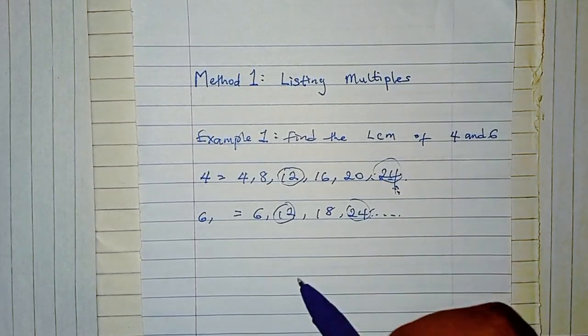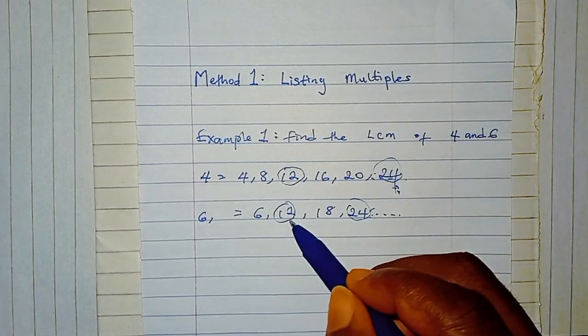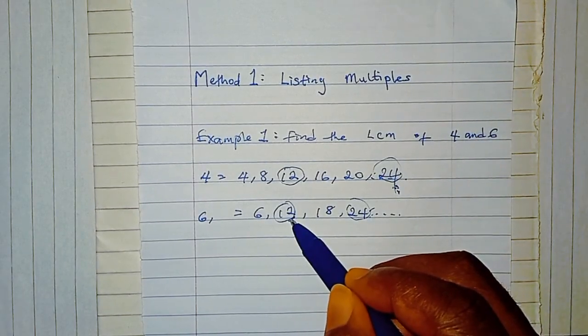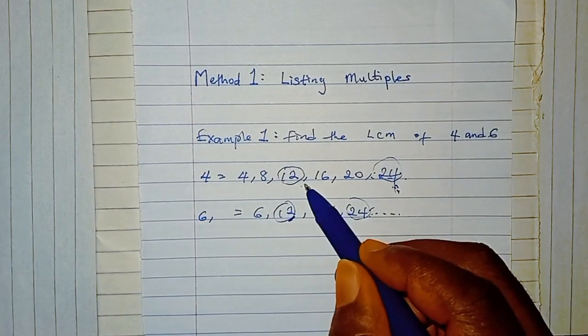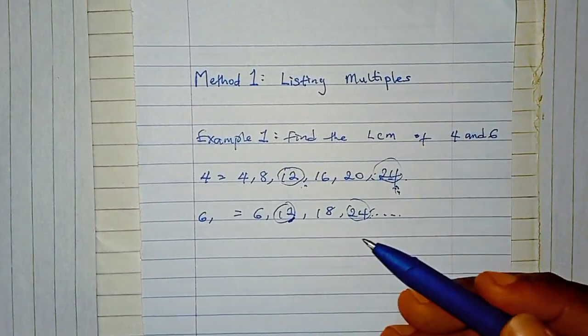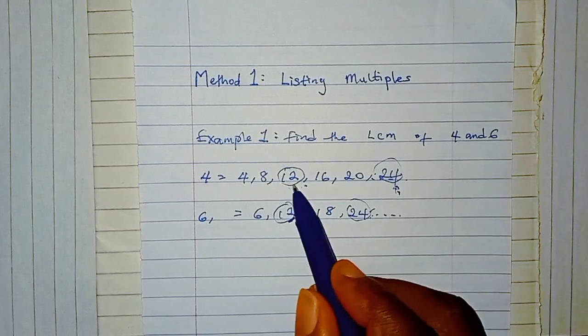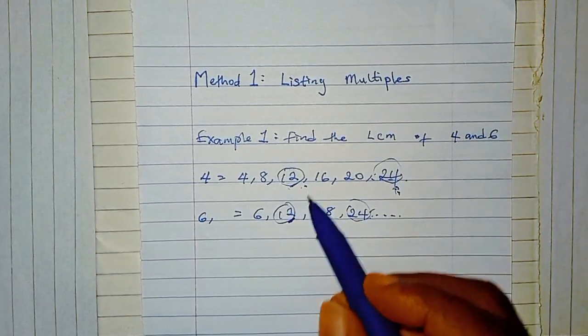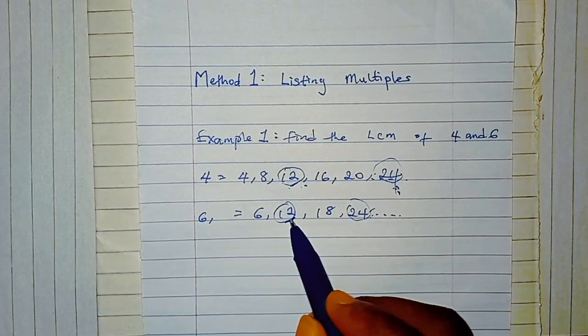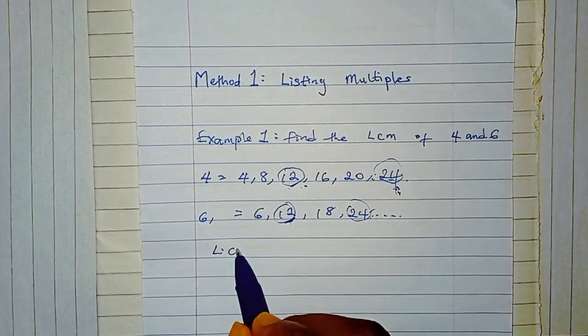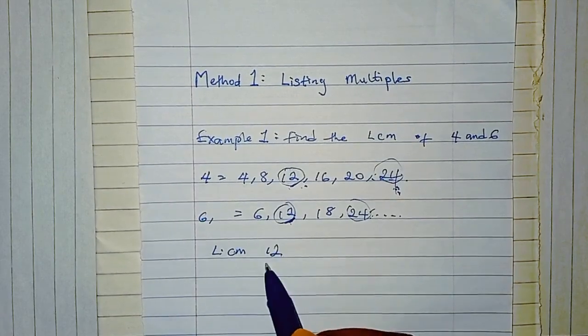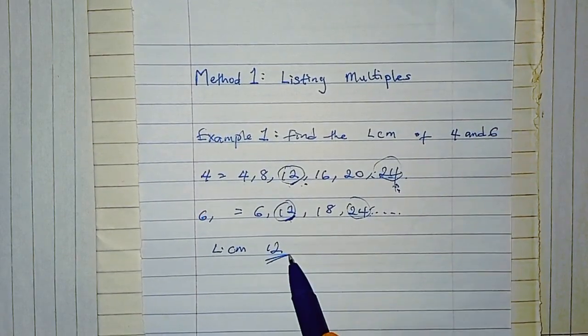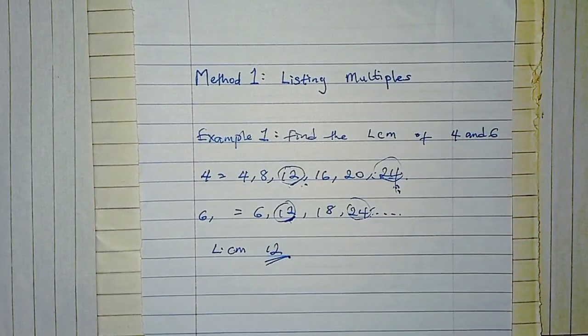The lowest common multiple here is 12, because this is the first number that you can find in 4 and also find in 6. So their LCM becomes 12.